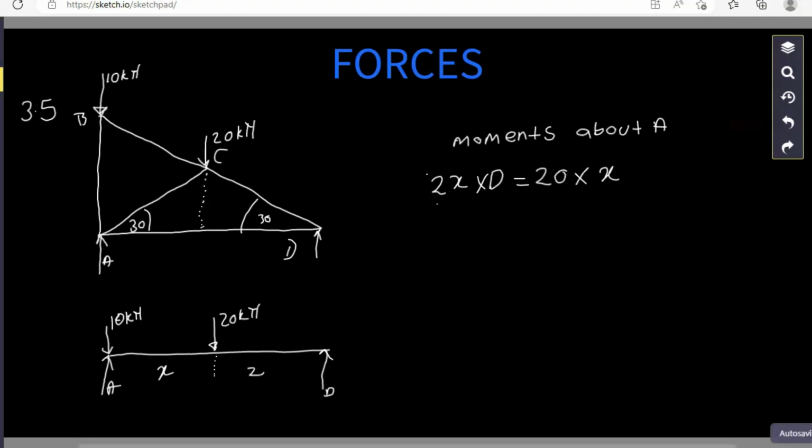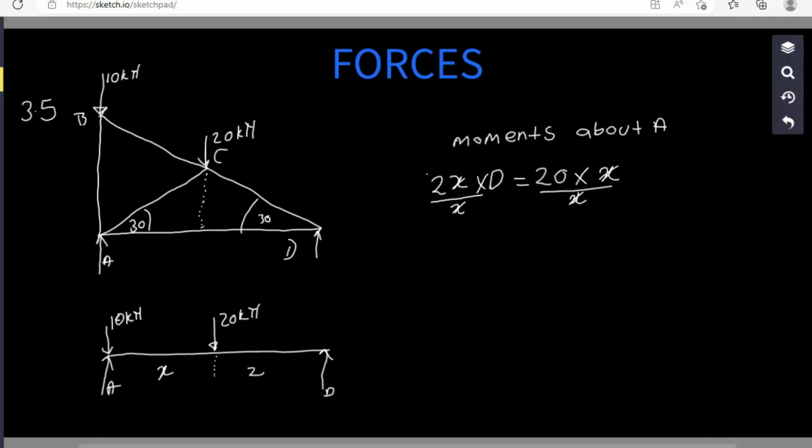Now we are going to divide both sides by x. Since we have the x on both sides, we can divide both sides by x because we only have multiplication signs. There's no addition sign here. So this will cancel out this.